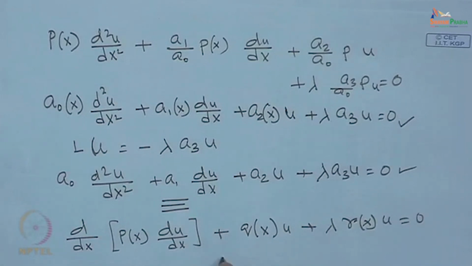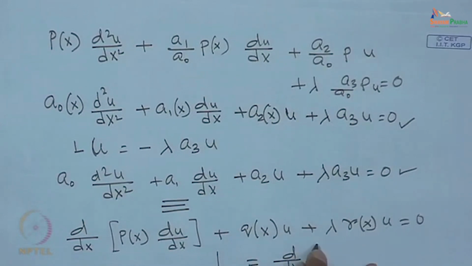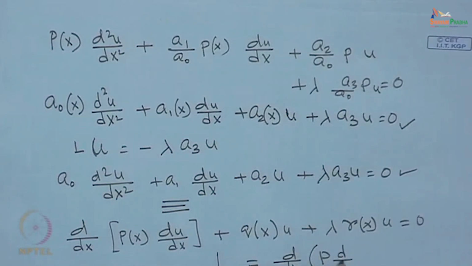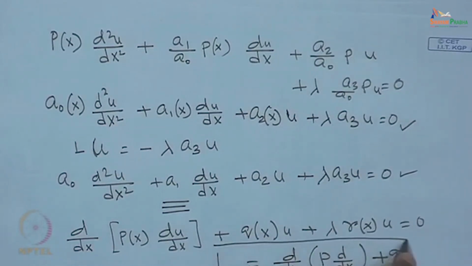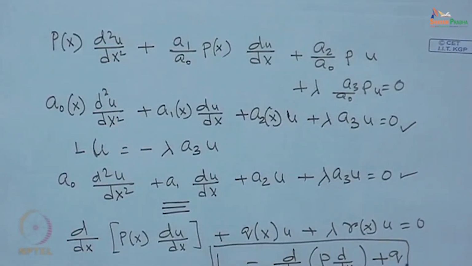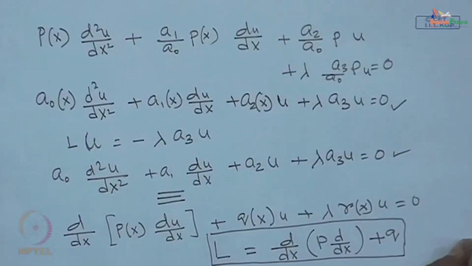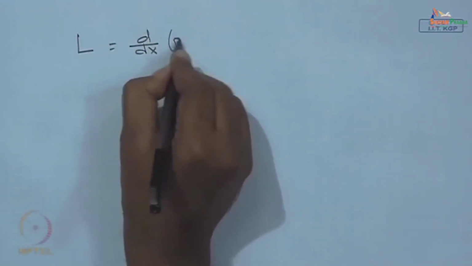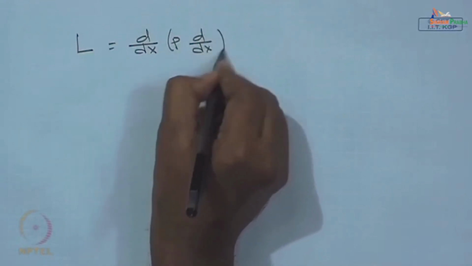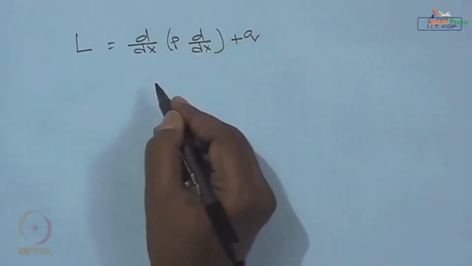So, my operator we can write as d/dx of p d/dx plus q. So, this becomes my operator, and we can look into the adjoint operator to this particular operator. So, the operator becomes now L is equal to d/dx of p d/dx plus q.